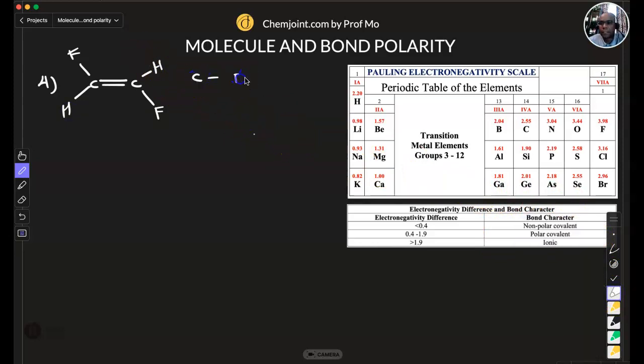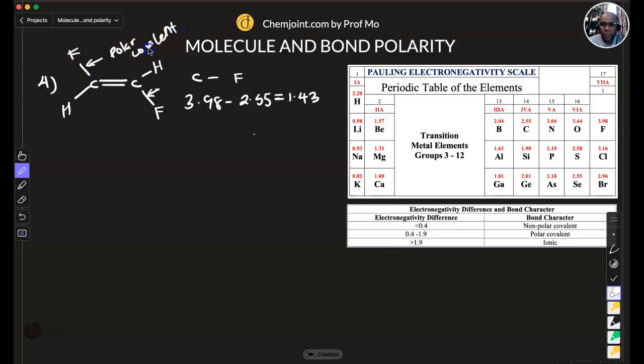Fluorine is 3.98 minus that of carbon, which is 2.55. The difference is 1.43. These bonds are polar covalent.